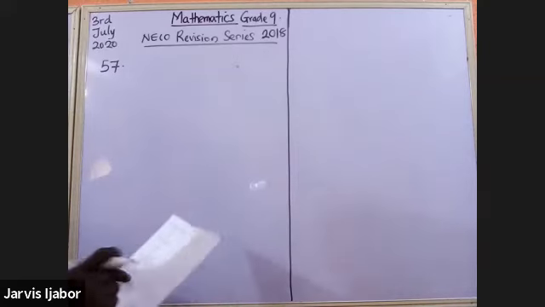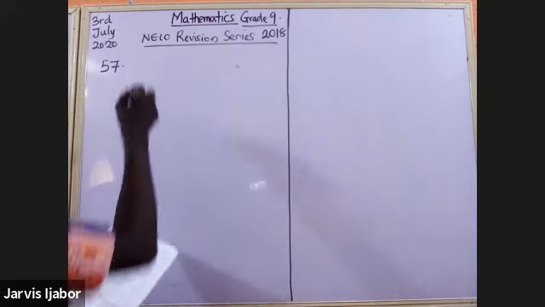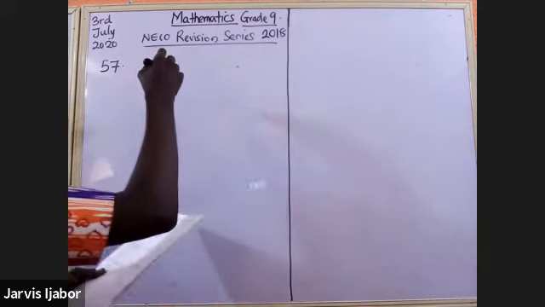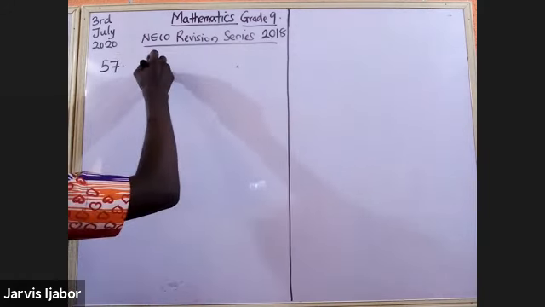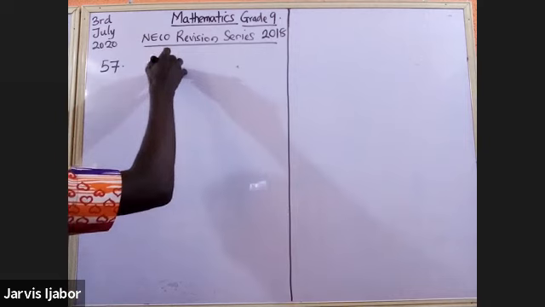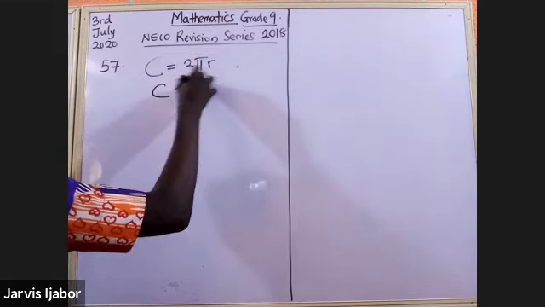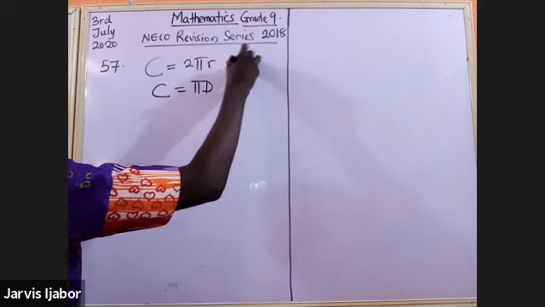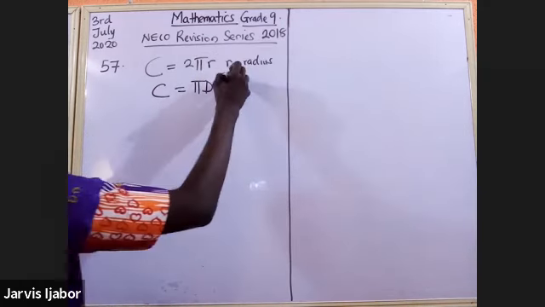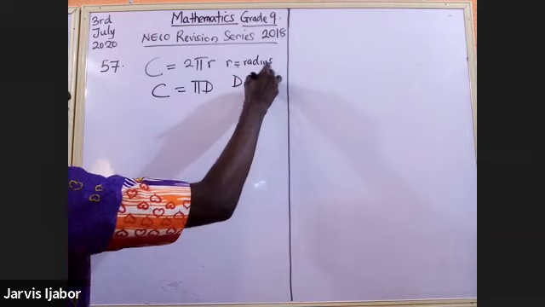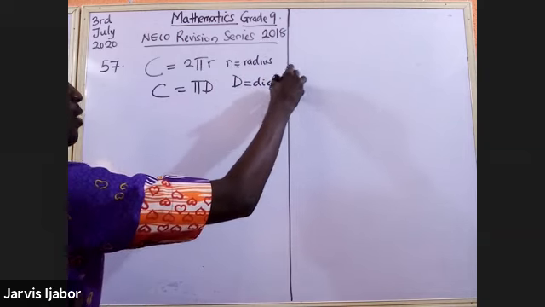All right, so let's go to the next one. So here, remember that the circumference is either equal to 2 pi r or equal to pi d. R here is radius, and d here is what? Diameter. All right.